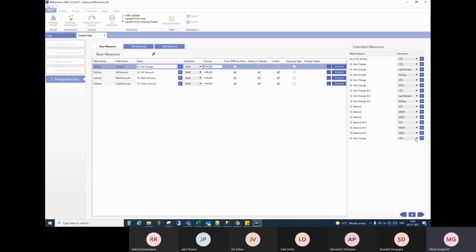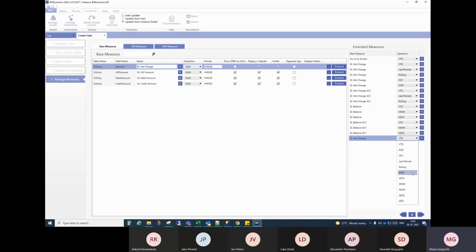We have a drop-down menu here, and if these letters don't tell you much, let me tell you what they mean. This is year to date. This is period over period. This is year over year. This is last periods. These are rolling measures.